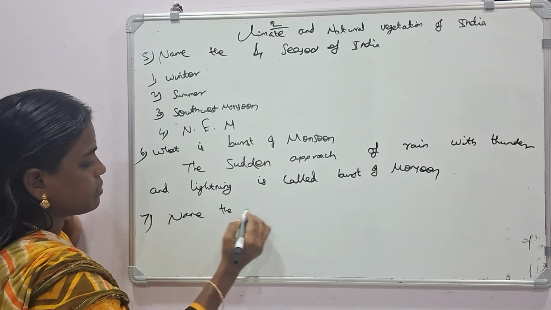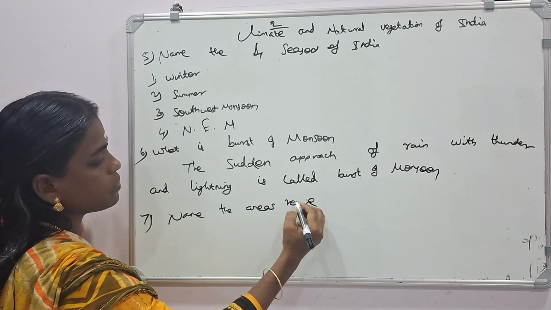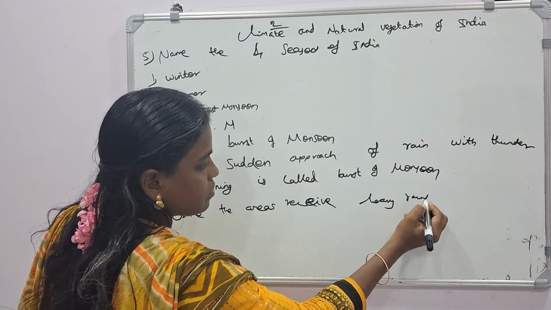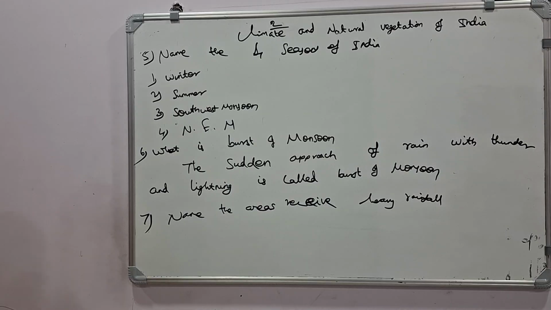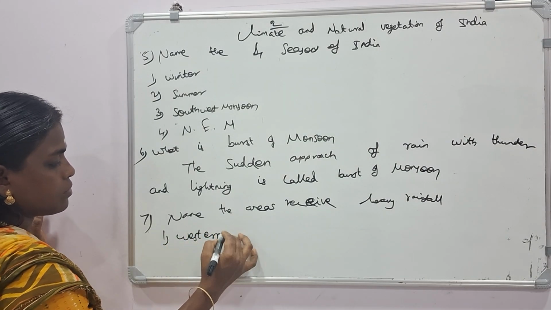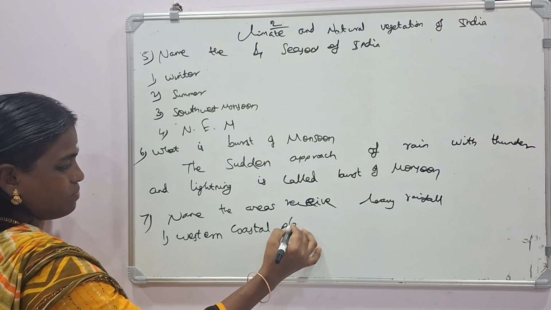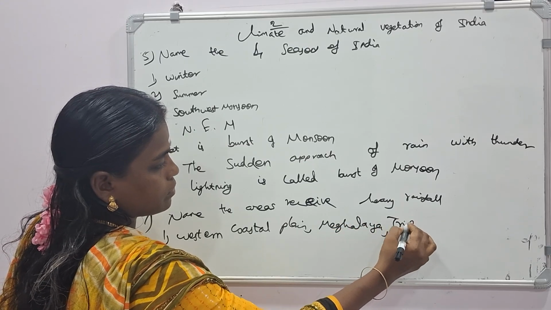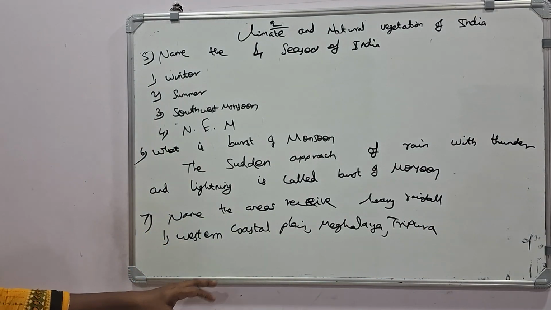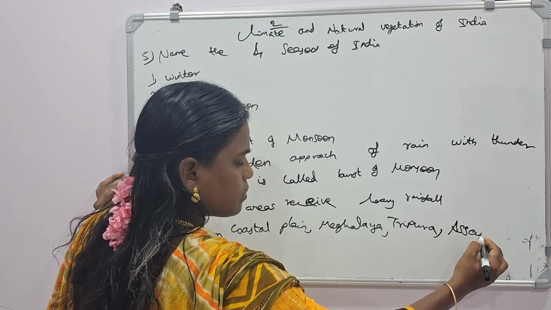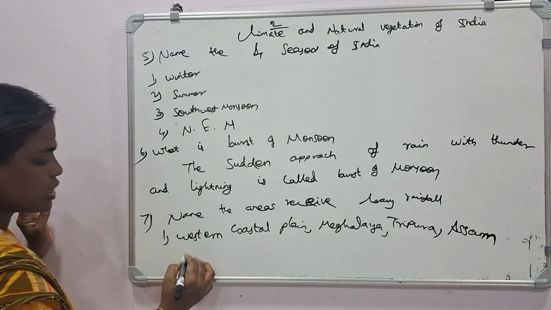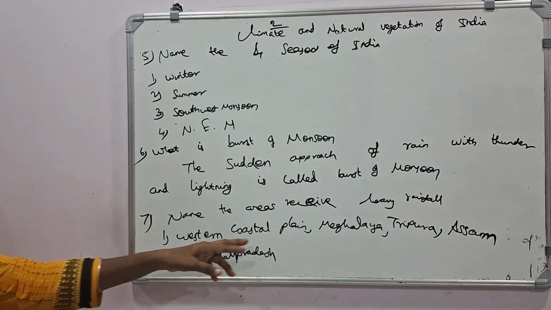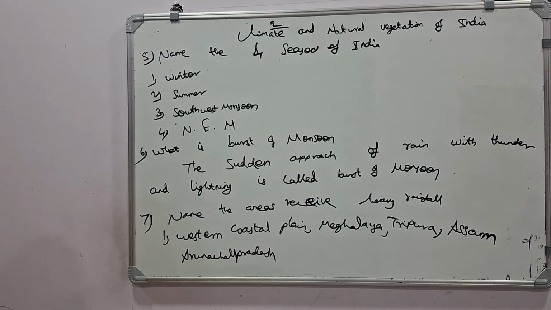The answer will be Western Coastal Plain, Meghalaya, Tripura, Assam, Arunachal Pradesh. Then the 8th one.